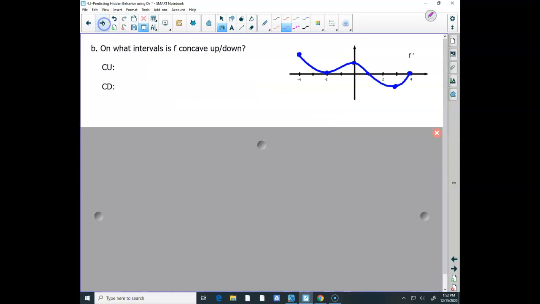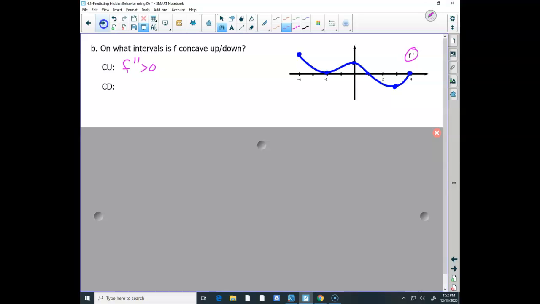Then, on what intervals is f concave up or down? Remember, we are looking at f prime, right? So, what does that mean? Well, if I'm concave up, that means f double prime is greater than 0, right?